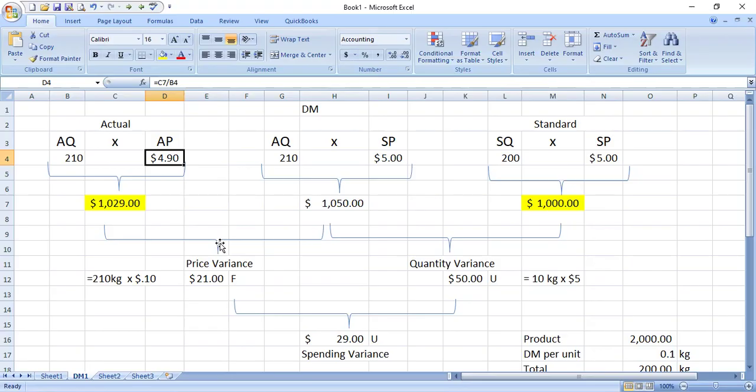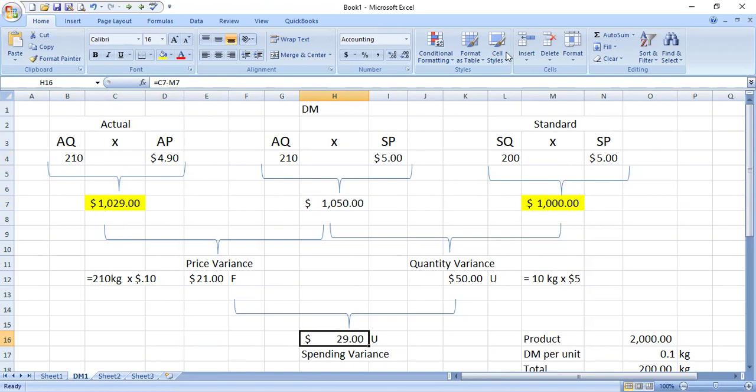So what's happened in this case? If you go with that scenario, it might be that because of the lower quality, cheaper price, lower quality, we're overusing the materials. So it looks like we're saving money when we're buying cheap, but it turns out that we're losing money because we're using more material. Simple thing is, buying cheap is not always profitable.